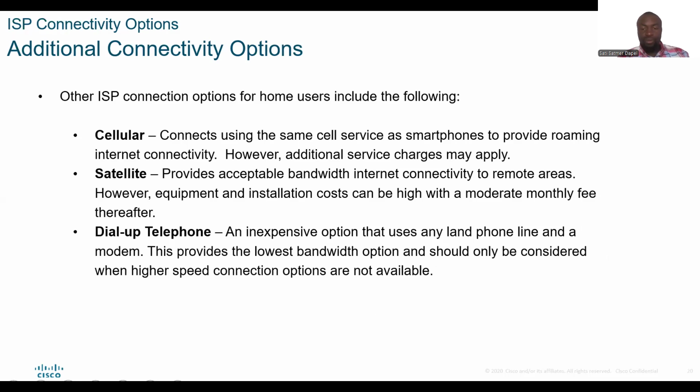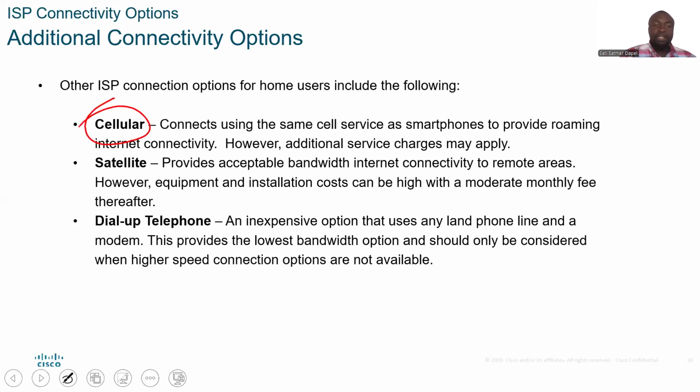Additional connectivity, which is cellular. Cellular connects using the same cell service as a smartphone, all right? Which means I can pick my phone, because I have a SIM card, open my hotspot and connect, okay? So that's one way you can get internet.